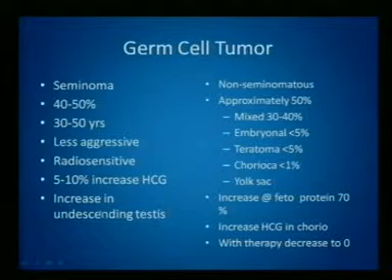It is increased in undescended testis. Non-seminomatous tumor is also approximately 50% and can be mixed or other types. The tumor markers will be elevated, especially alpha-fetoprotein and human chorionic gonadotropin. With therapy, these tumor markers should return to 0.